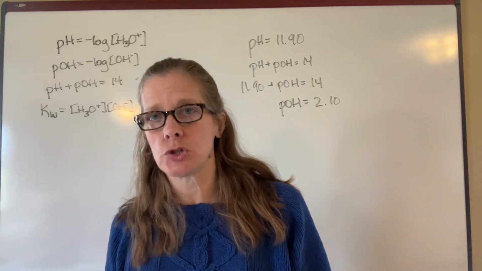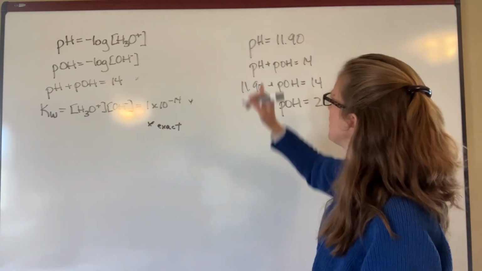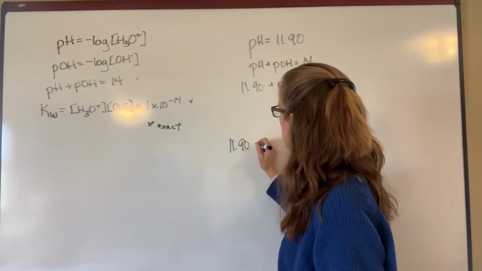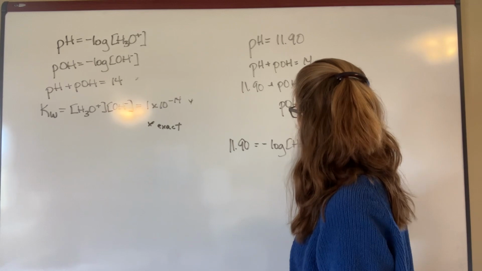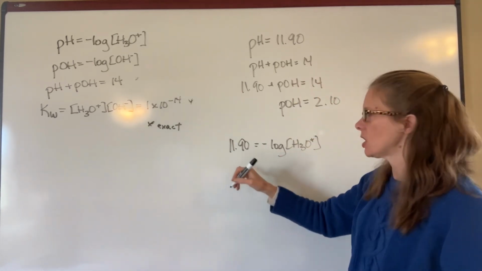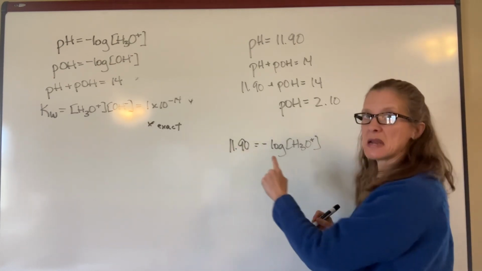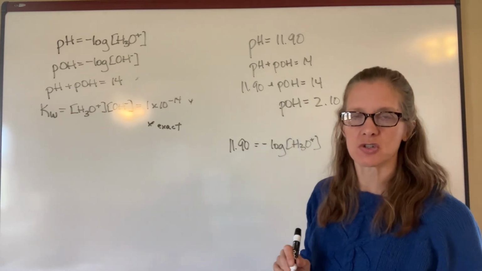Now, what I would do is I would say, all right, if I know that the pH is 11.9, I would take 11.90, and the negative log of the concentration of the hydronium ions is going to give me the pH. So therefore, I type in 11.90, make it negative, hit inverse log, and then that's going to give me the concentration of the hydrogen ions.